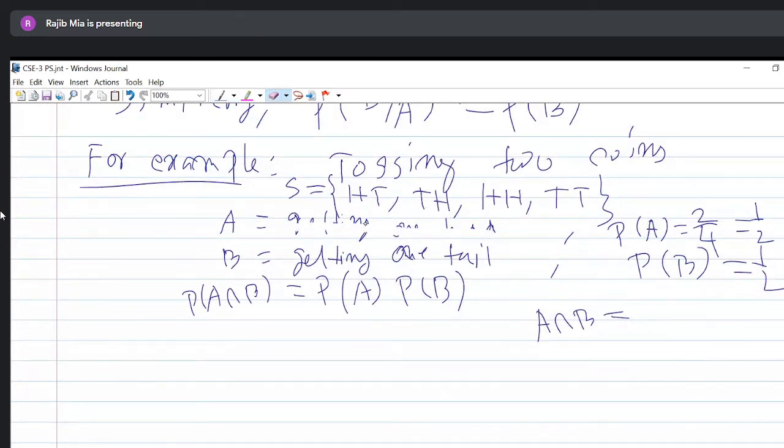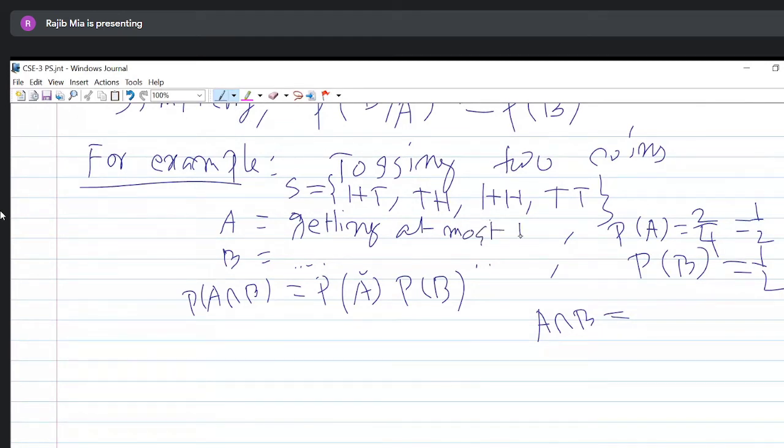Okay, if you define this, A is getting at most one head, and B is getting at most one tail.